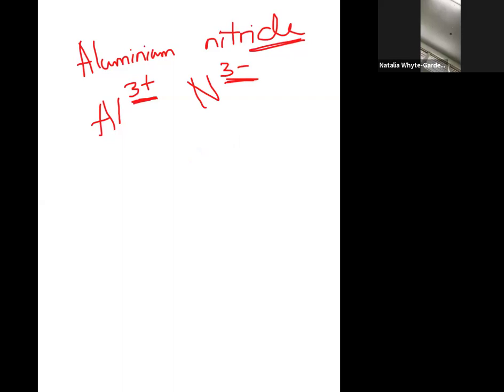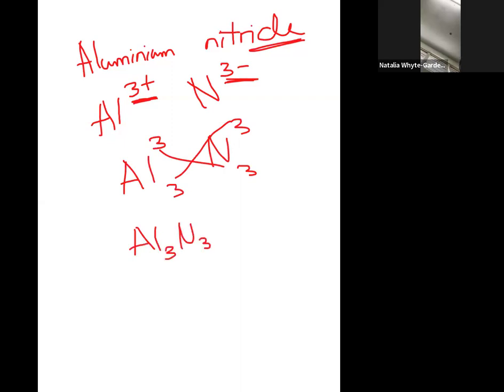So there are 2 ways to look at it. We have Al3 and N3. When we swap, both have the same valency, and when the valencies are the same, we use 1 of each. How do we get that? 3 is in both, so we divide both of them by 3 and end up with Al1N1.